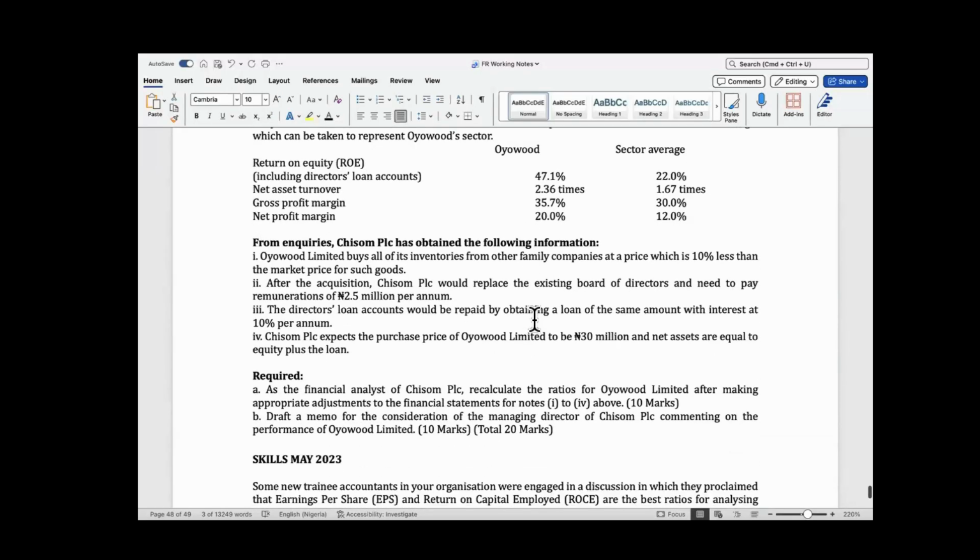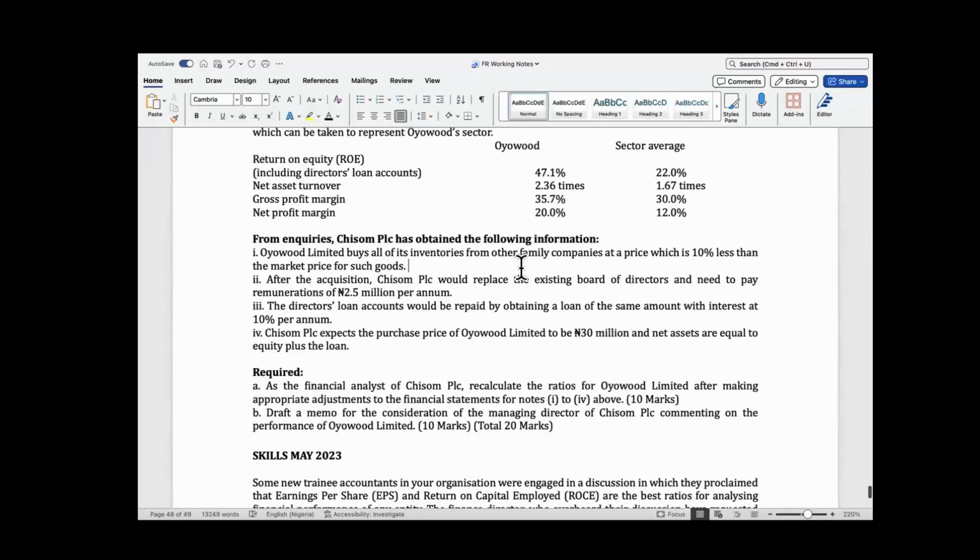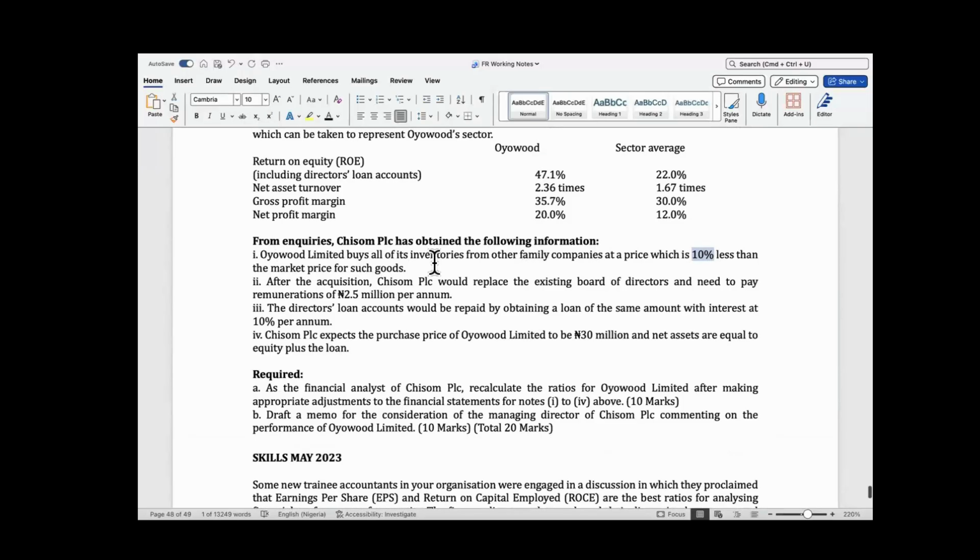Okay. Then from inquiries, Chisom has obtained the following information that Oyo Wood Limited buys all of its inventory from other family companies at a price which is 10% less than, okay. I think that's why they're asking us to recompute these ratios.